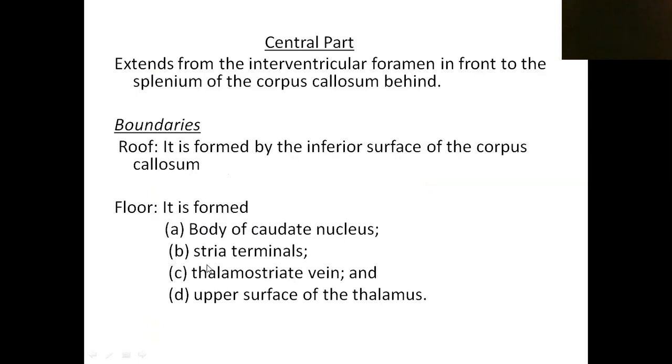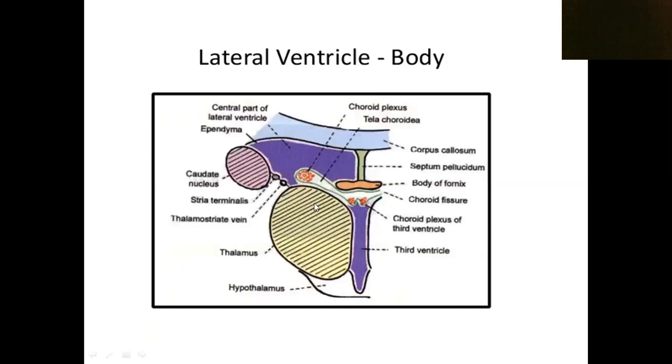Along with that we can see the stria terminalis and the thalamostriate vein. See, this is a coronal section of the cerebrum. This is the thalamus, lateral to the thalamus the caudate nucleus. Between those two, see the stria terminalis and the thalamostriate vein. And superiorly, the corpus callosum, the inferior surface of the corpus callosum.